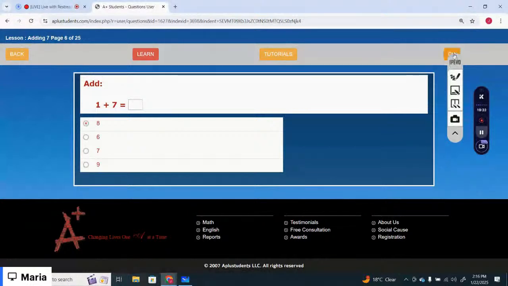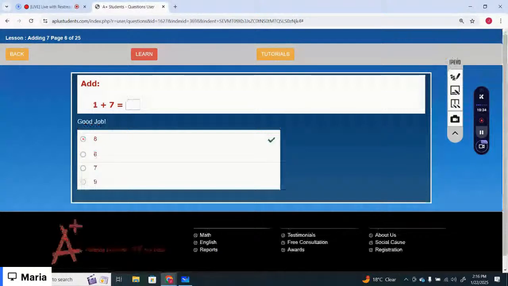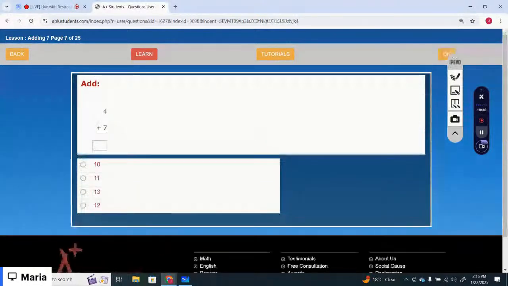Option number 1 is the correct option. 7 plus 4 equals 11. The correct option is 11.